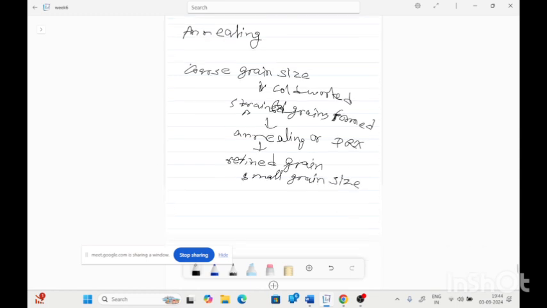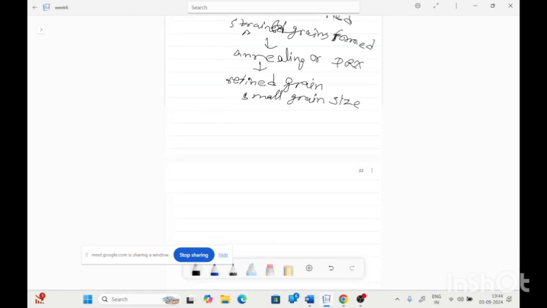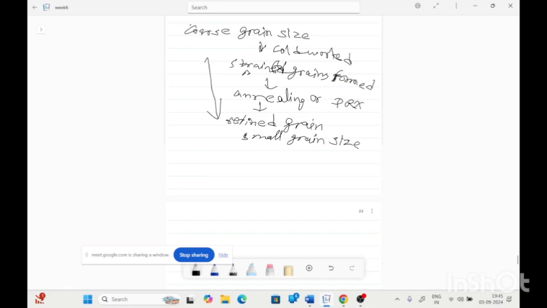So what will happen with the small grain size as compared to the coarse grain material? With decreasing grain size, the strength of the material increases. That's why we do this process, deforming and annealing, to refine the grain size.